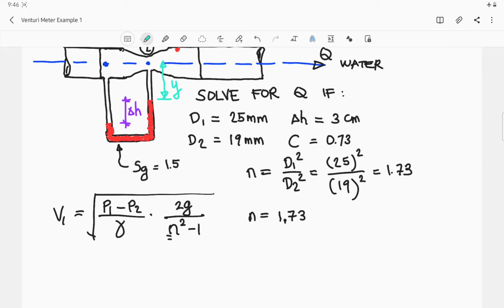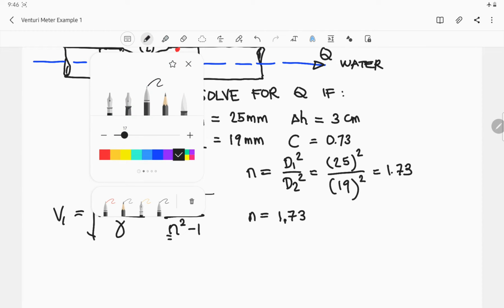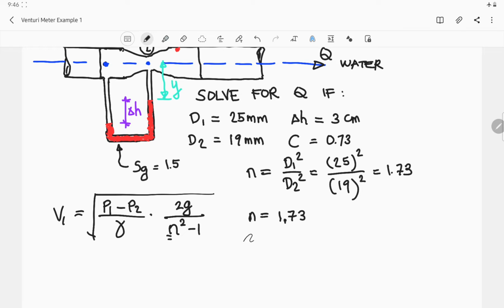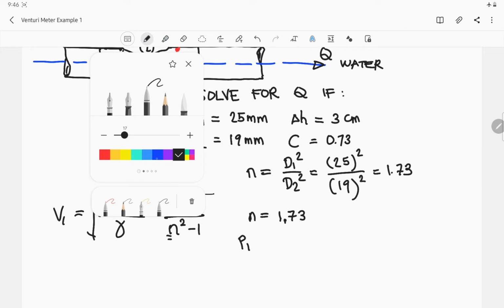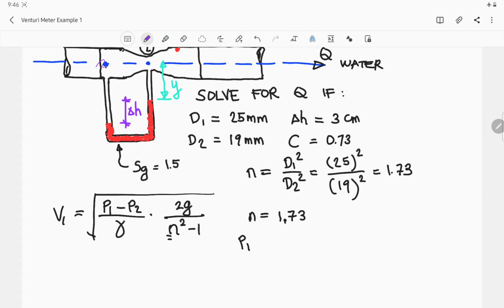So, pressure at point 1, then from here going downward, going downward at this level. This distance is y.